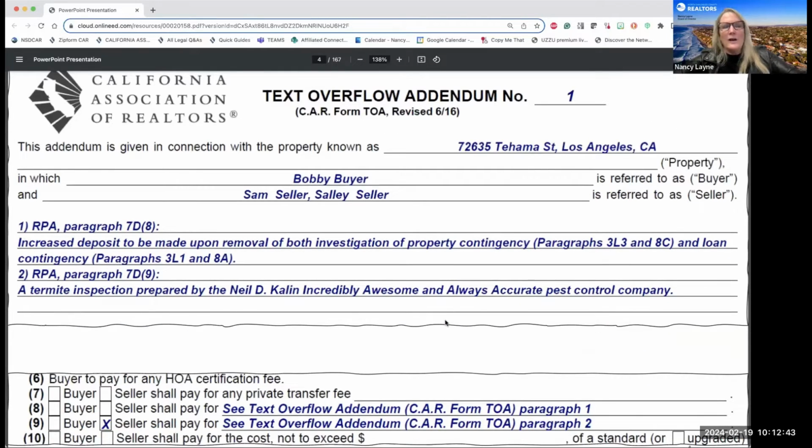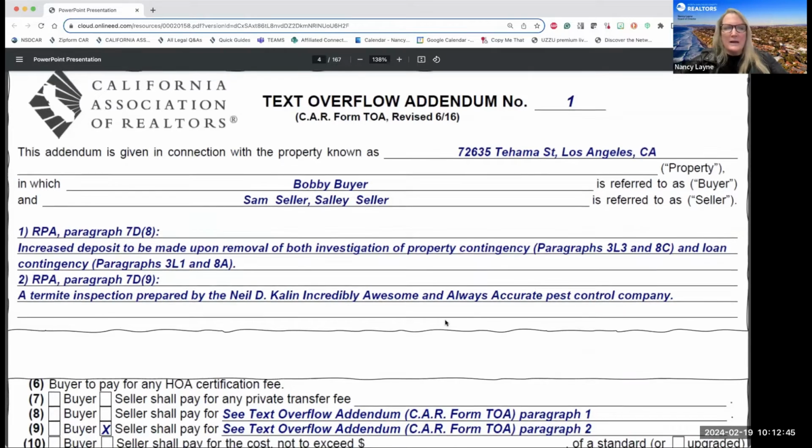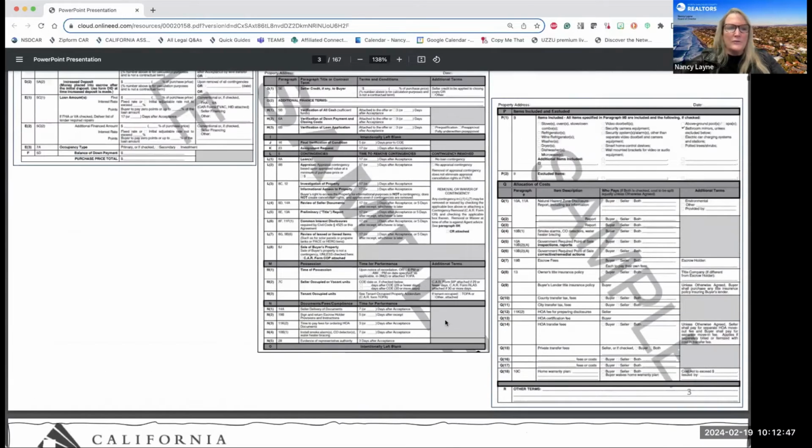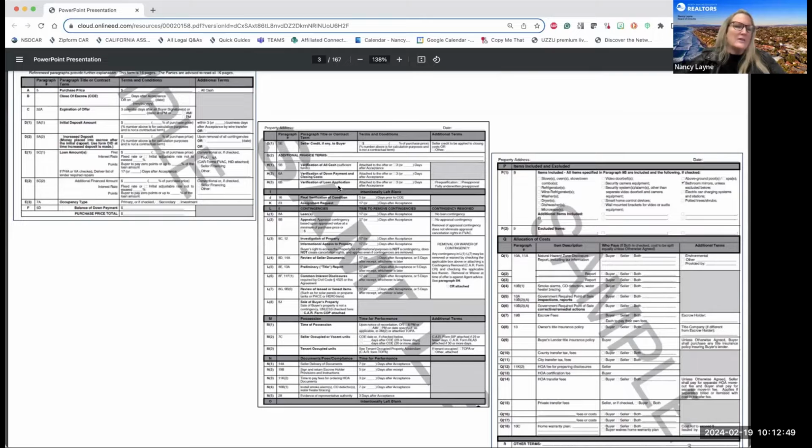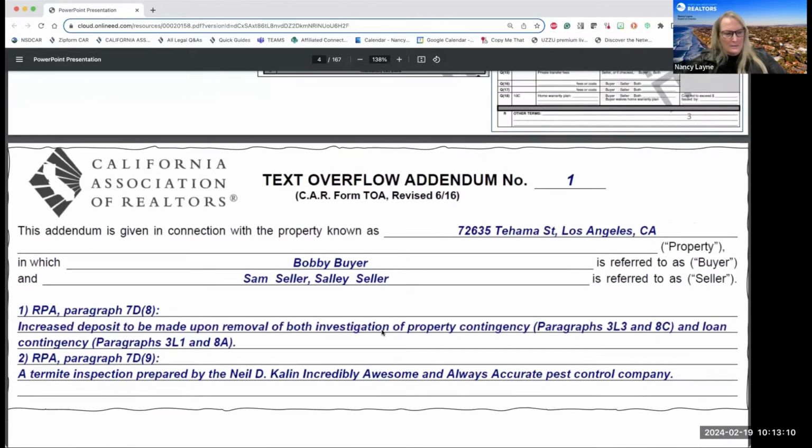So in the contract itself, there is a text overflow addendum. So if you have, for example, a section of the contract where you're trying to fill out something like the expiration of the contract is 3 days on such and such a date. Actually, it's not a really good example. I'll use additional financing amount or anything in here that requires additional finance terms, for example, and something doesn't fit in this full section, it will automatically create a text overflow addendum.